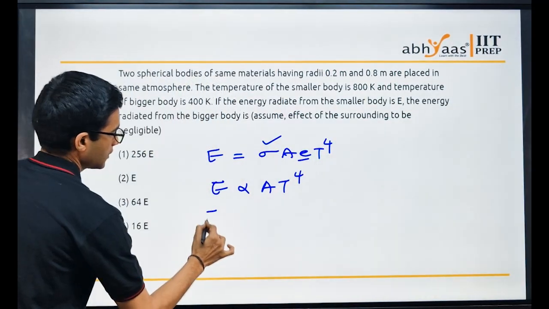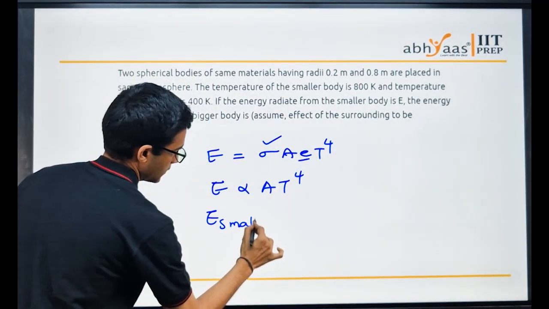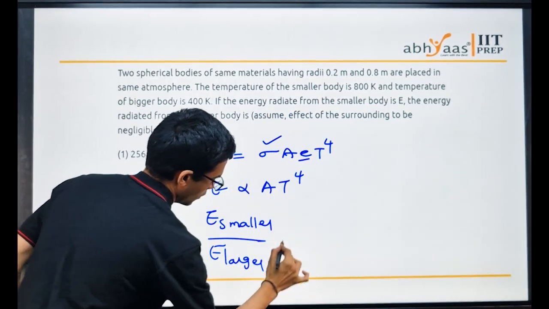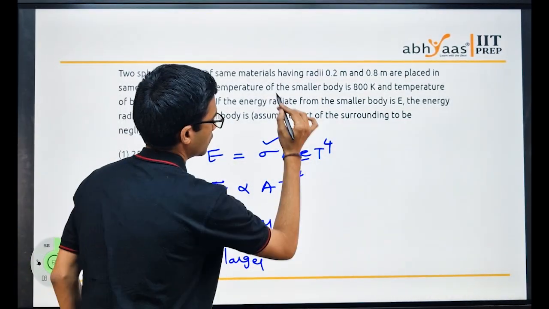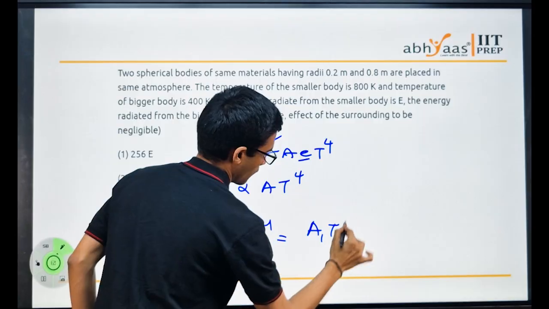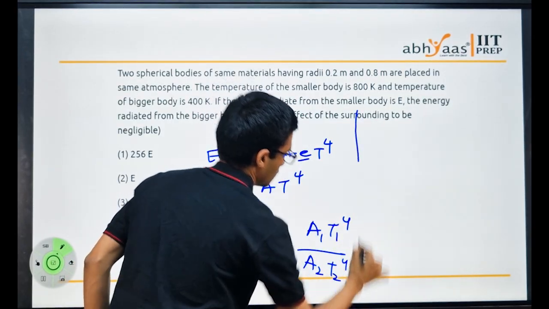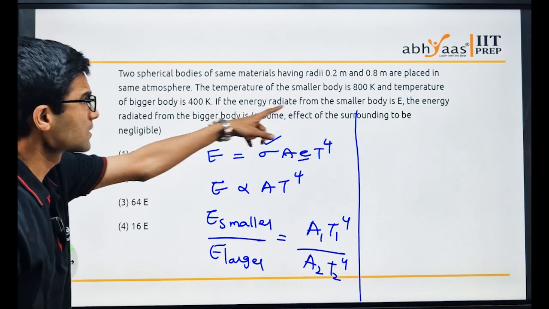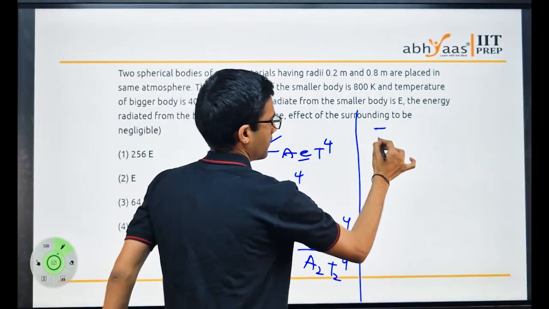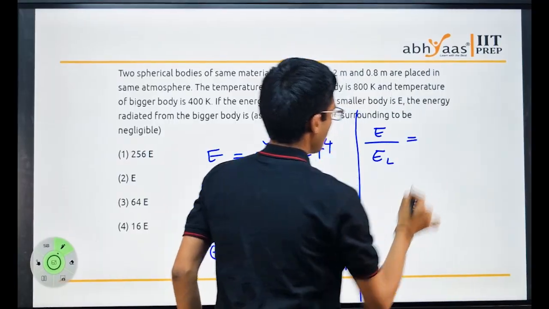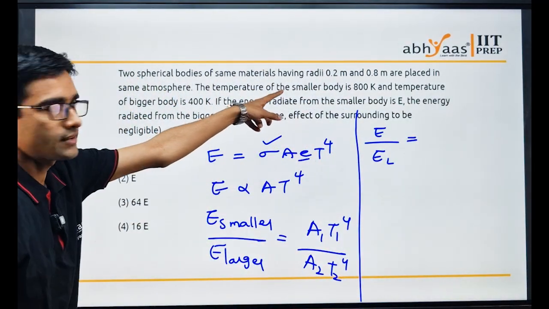So here E smaller is given as E, and E by E larger is equal to A1 T1 power of 4 by A2 T2 power of 4. Directly I am writing E divided by E larger. A1 radius is given.